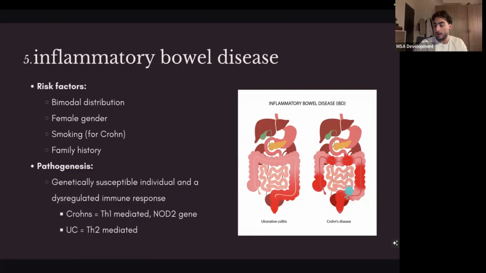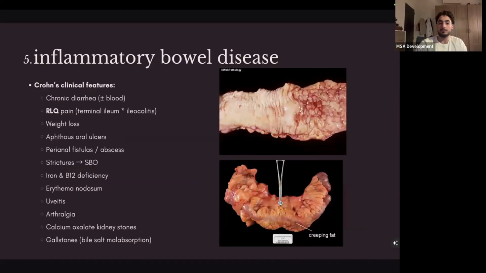So, this is a little bit, by the way, not very accurate because you don't typically get rectal involvement in Crohn's disease, but it's just good to see the skip lesions. Okay. And again, these are skip lesions that could be present throughout the entire GI tract, not just in the bowel. It could be gastric, it could be esophageal, it could be oral, it could be anything. Okay. And then ulcerative colitis is a continuous thing, always starting with the rectum.